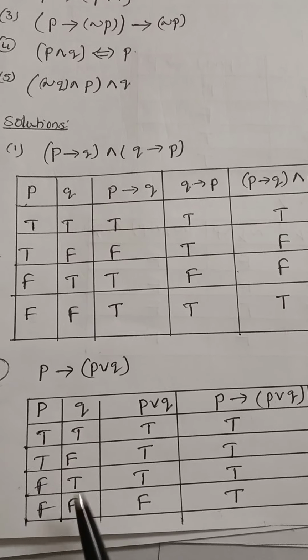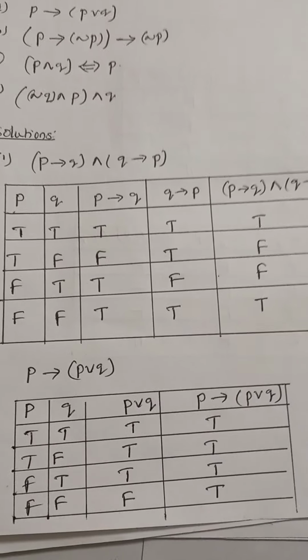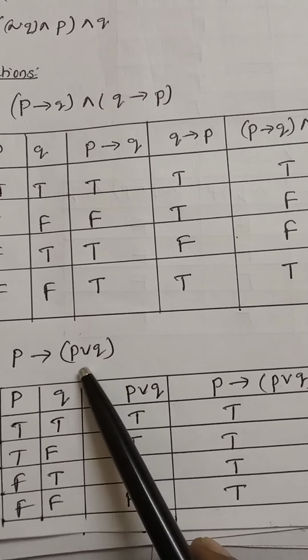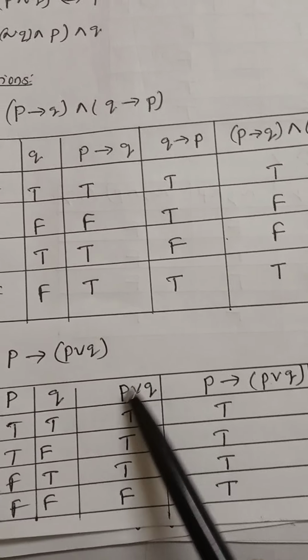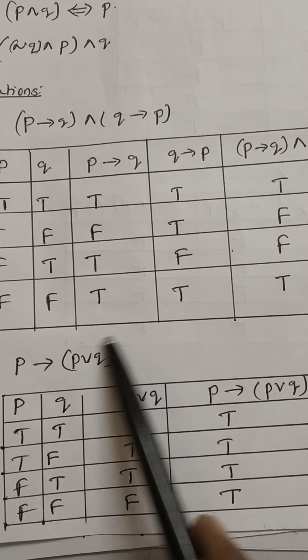First of all, you have to write all the possible truth values. Next, we have to identify the least compound statement, that is P ∨ Q. This is one compound statement. Next, P implies this entire thing.